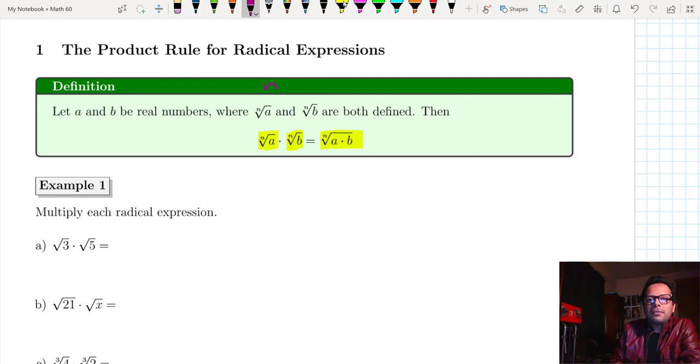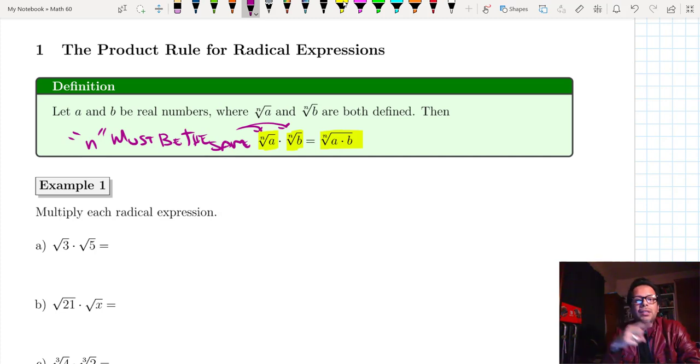This n right here, the index, must be the same, this n and that n. If they are different, well, then we cannot, or we may not. In some cases we may, but in some other cases we may not.